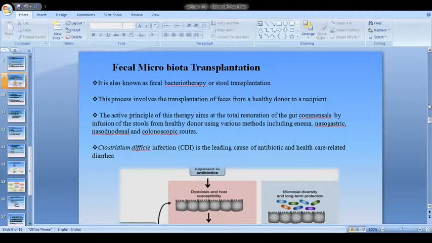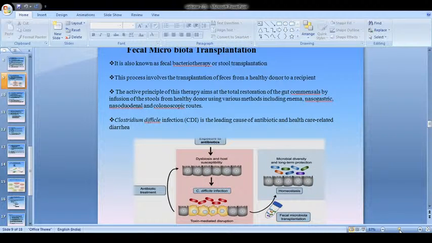The active principle behind this therapy is the total restoration of the gut microbiota by infusion of the stool from a healthy donor, by using various methods including enema, nasogastric, nasoduodenal and colonoscopic routes. Through these routes, we can perform the fecal microbiota transplantation.